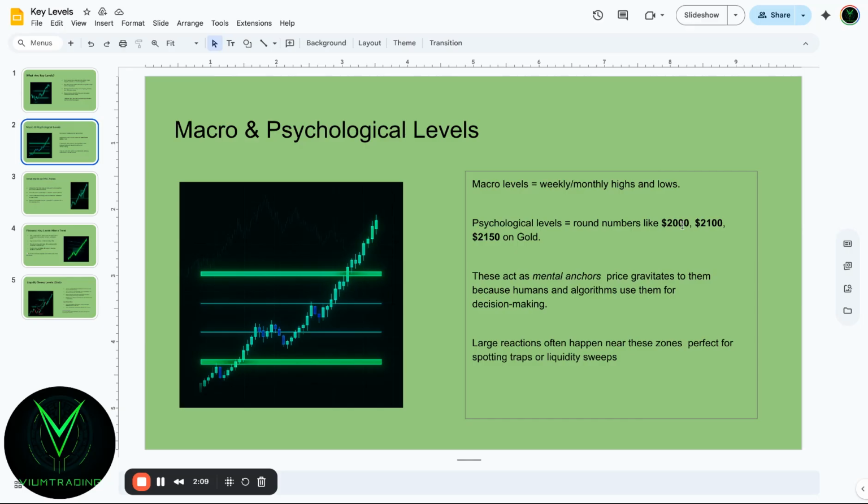The gold hit 2000, and then the gold was consolidating between 2065 and 2095 for a whole week and a half, and finally the gold hit 2100. So the minute it hits 100, the market is gonna react. Is it gonna push up or is it gonna push down? But the market is gonna do something. So those are psychological levels.